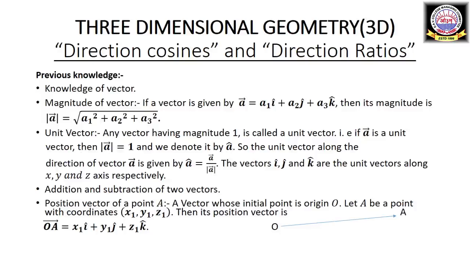The vector name will be OA vector, where O is the origin. Then OA is the position vector, because the initial point is the origin. One of the points is the origin, so this is called the position vector. So I can write OA vector is equal to x1i plus y1j plus z1k.